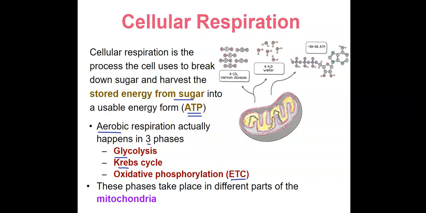All three of these phases do take place within the mitochondria, but they take place in different parts of the mitochondria. And we can actually see in our picture over here the products of cellular respiration. So we produce carbon dioxide, water, and then about 36 to 38 molecules of ATP. It just kind of depends on your metabolism.